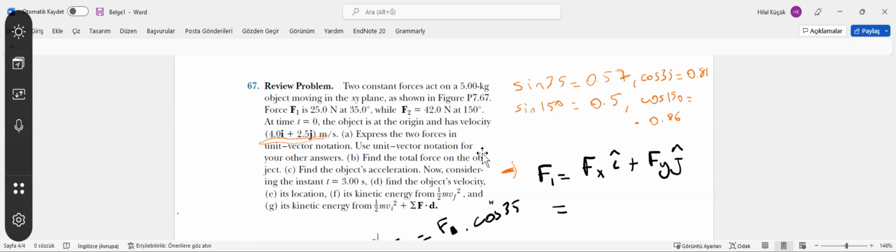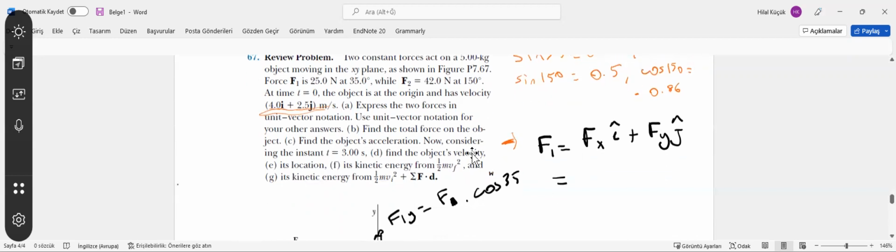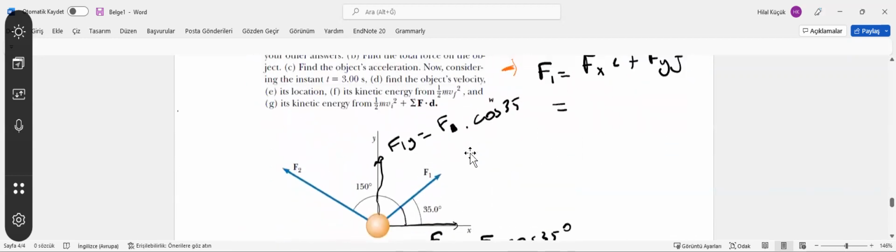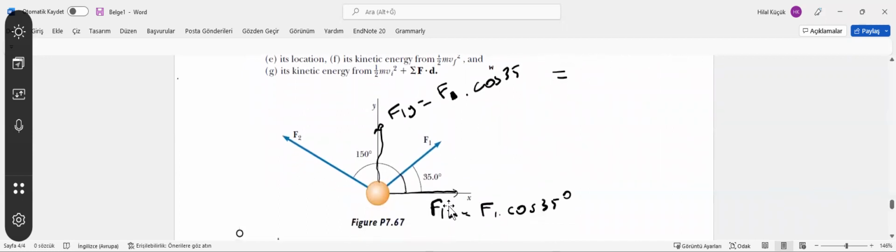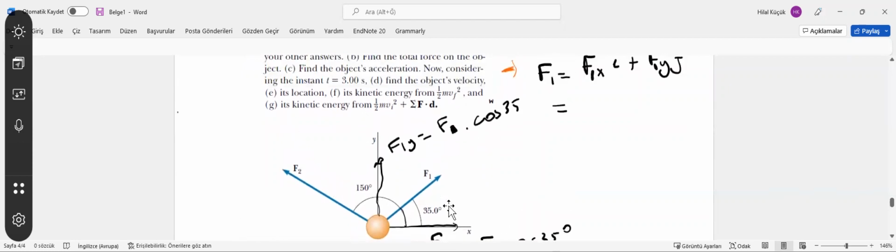What's the fx here? This is F1x, F1y. What was it? You just need to multiply with cos 35. What was F1?